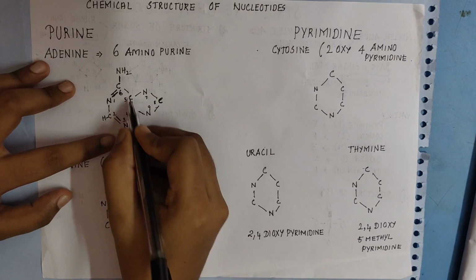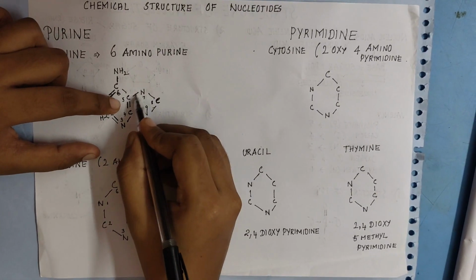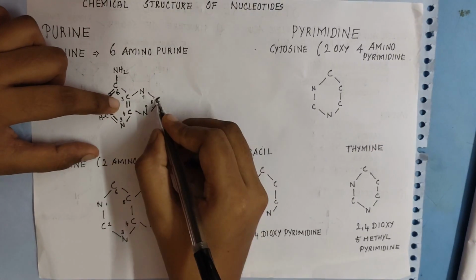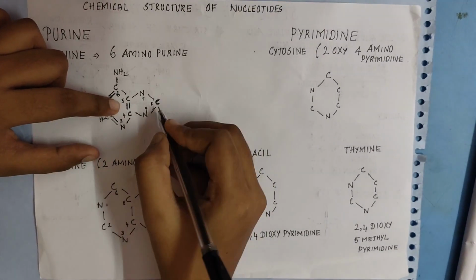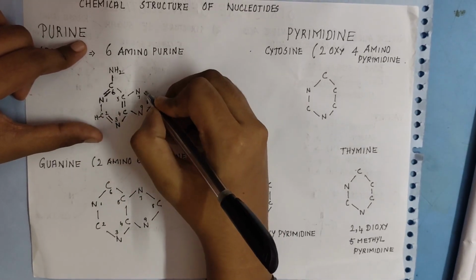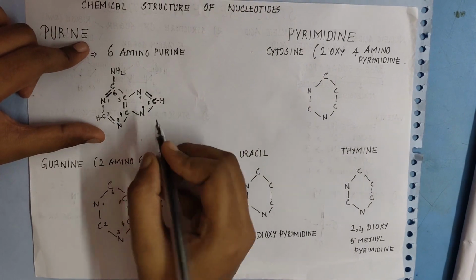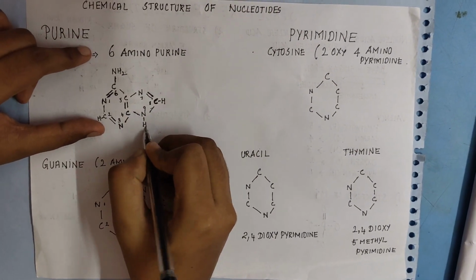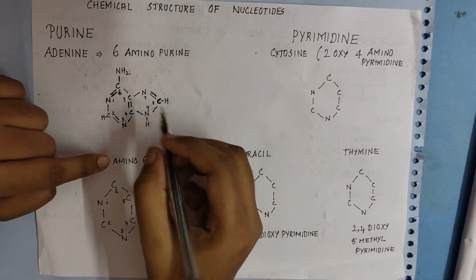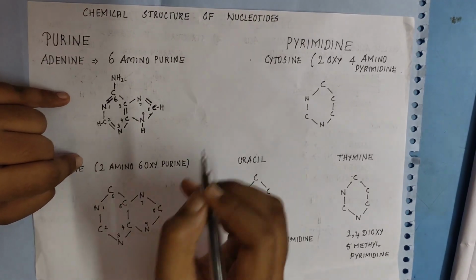For this carbon 1, 2, 3 and 4, it is okay. And nitrogen 1, 2, we need another bond, and for this carbon 1, 2, we need another 2 bonds, so I am going to add H and another bond over here. For this nitrogen 1, 2, we are going to add another H over here. When all the bonds cannot be drawn, we can put H for that place.